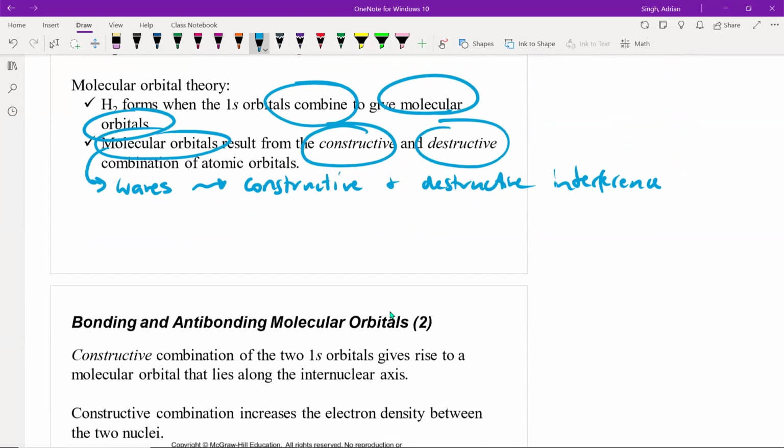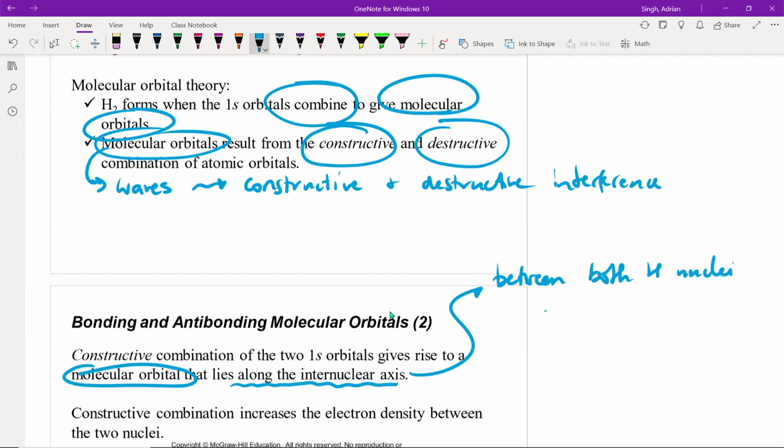So a constructive combination is where the two 1s orbitals lead to the formation of an MO, a molecular orbital, that lies along the internuclear axis. That means it lies between both hydrogen nuclei.